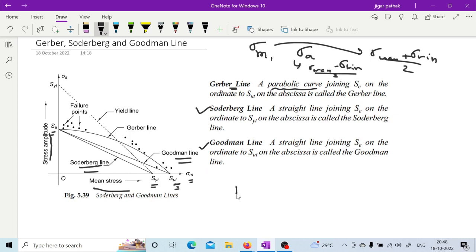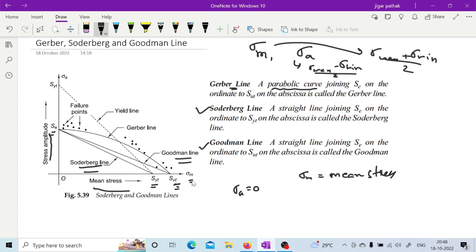If sigma a is 0, then there is no alternating stress or stress amplitude, so your sigma m will be the only stress, right? This mean stress is only acting, and at that time it is considered as static stress, and that is why the yield strength and ultimate strength are being considered, right?